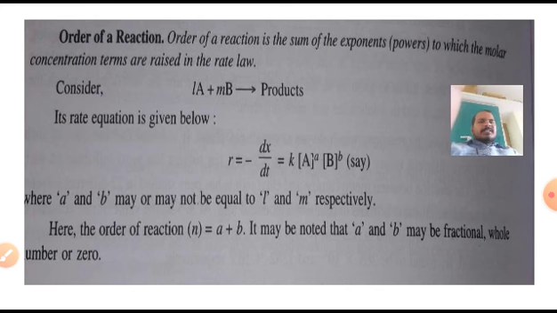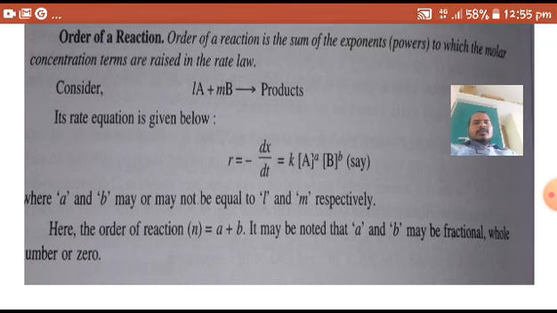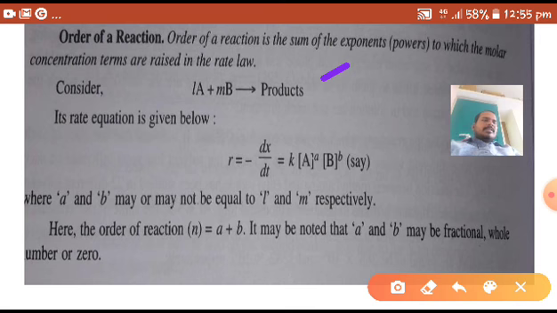Order of a reaction is the sum of exponents, powers, to which the molar concentration terms are raised in the rate law. So here I am taking one simple general equation.